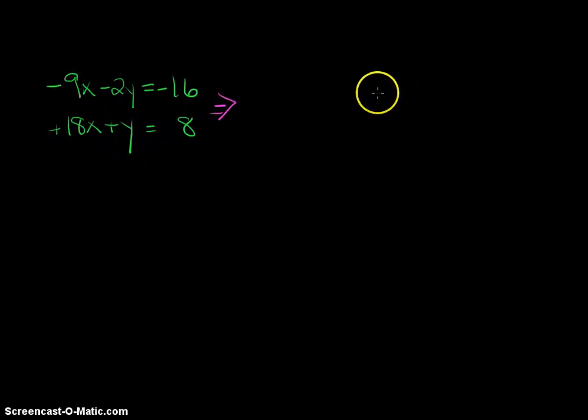So shoot. I've got a negative 2y here. And because I've got a negative 2y up top, that means I need to change this y into something else. So if I've got a negative 2y here, that means I need to have a positive 2y underneath. So I ask myself, what times this positive 1y will give me a positive 2y? And that's just 2. And we multiply everything out.